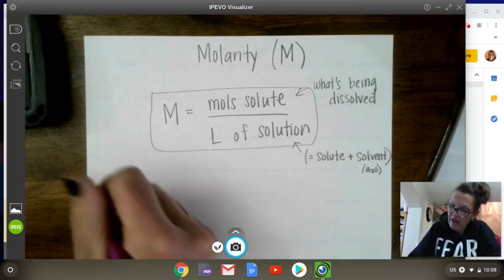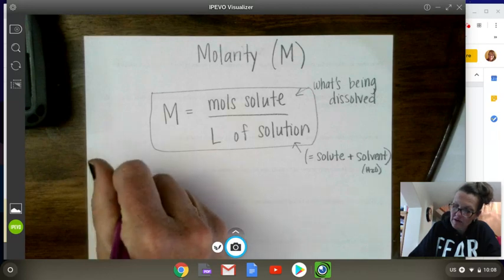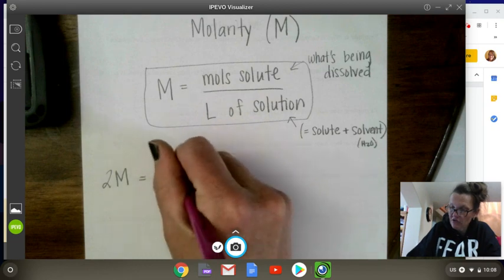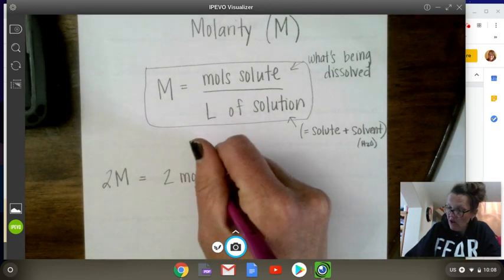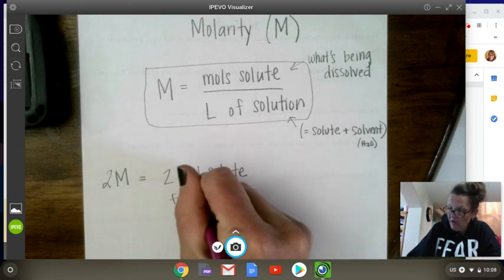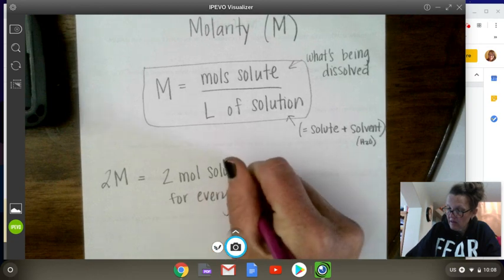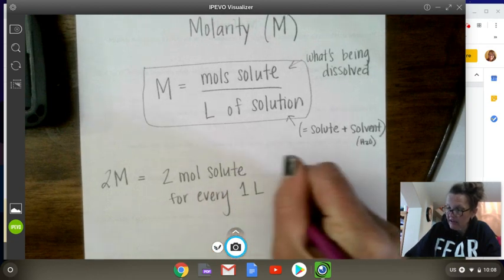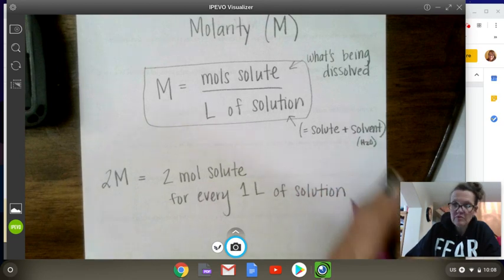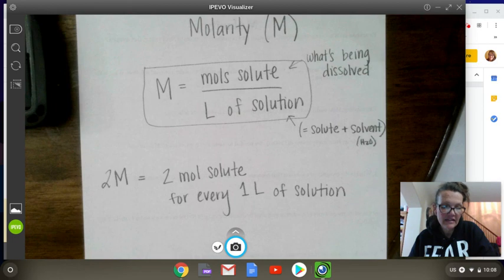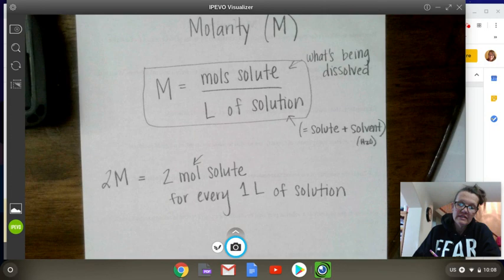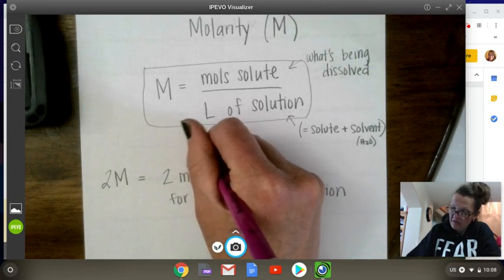So for example, if I said that I had a 2 molar solution, what that means is that there are 2 moles of solute for every 1 liter of solution. That's what molarity tells us: how many moles there are in a liter of a solution. And again, remember that the mole tells us the number of molecules.